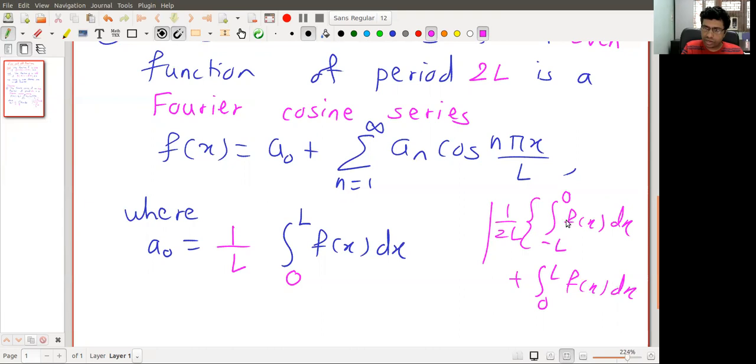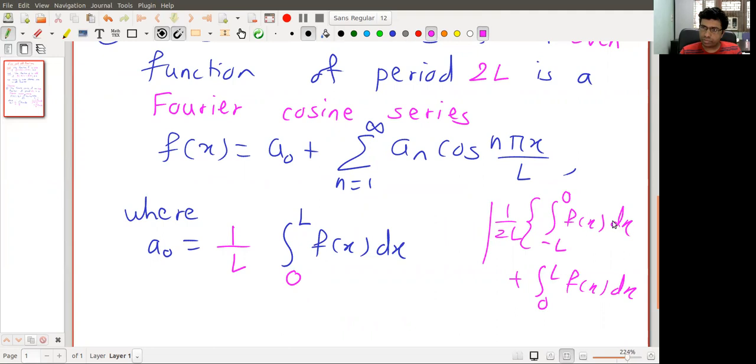Then in the first term we use change of variable. We replace x by minus x, so that this is f of minus x, but f of minus x is same as f of x, and there will be minus dx. Limits will be L and 0, so everything will change sign.